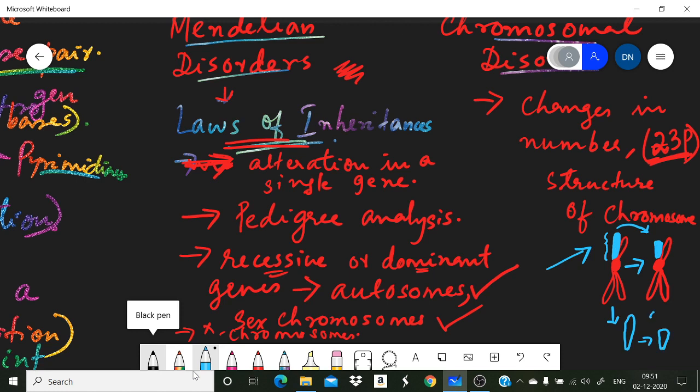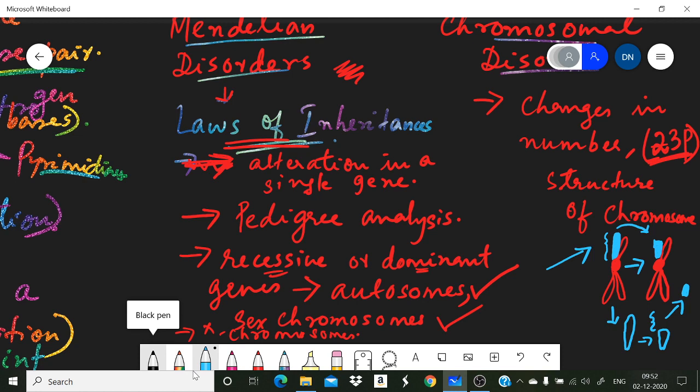The tip, the top portion is cut. It is injured and eliminated. Suppose this is that injured part. So that is a sort of chromosomal disorder, because this is a sort of structural change that occurs in the chromosome.